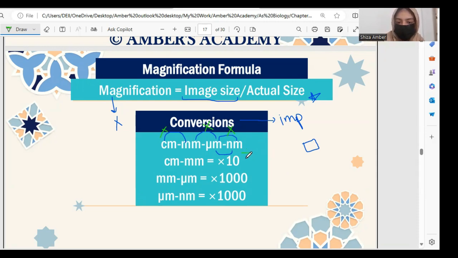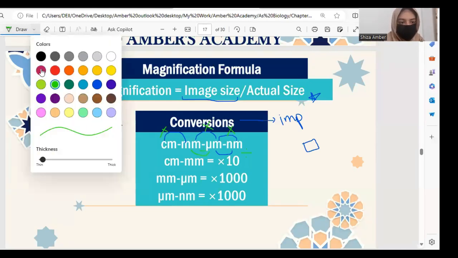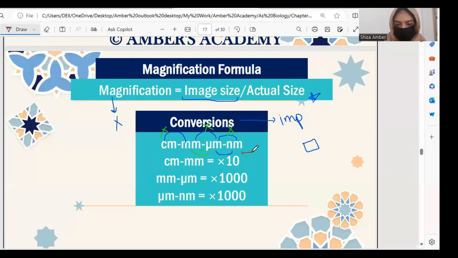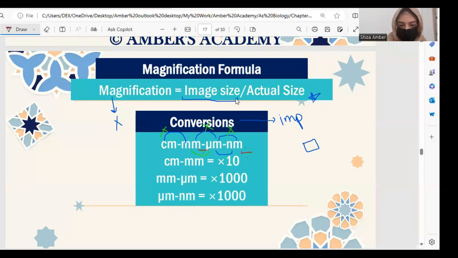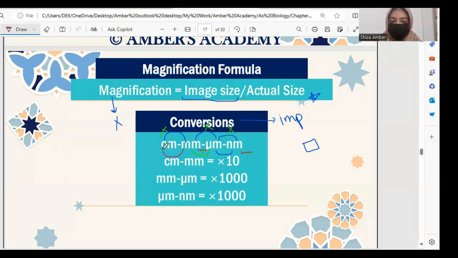So you divide by 1000, then again divide by 1000. When we need a value from millimeters to centimeters, we divide by 10. Okay? Do you understand this conversion?